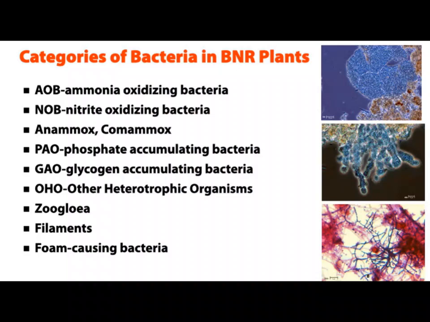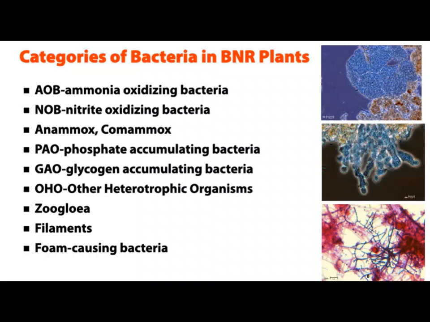There are bacteria that we call NOBs, nitrite oxidizing bacteria. Well, the oxidation of ammonia is actually a two-step oxidation. There's enough energy in ammonia that as it's taken apart, it can be taken apart by different enzymes through several different steps.